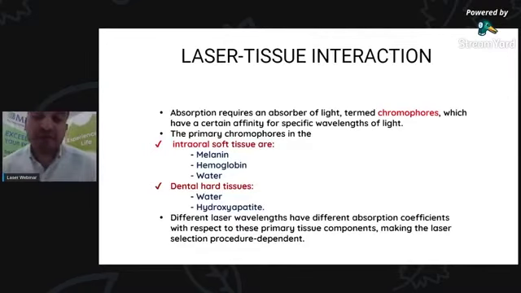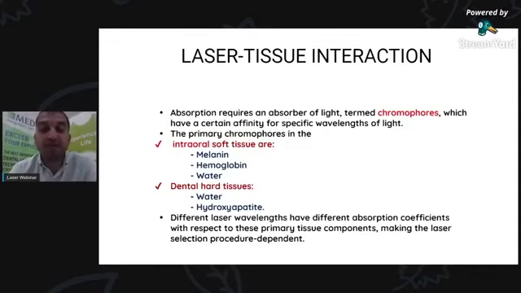And this makes us discover that we have lasers to be used in soft tissue and lasers to be used in hard tissue, according to the affinity of the laser that will be combined with the chromophore. Since then, let's revise what we have said. The laser comes out of the device with a specific wavelength.